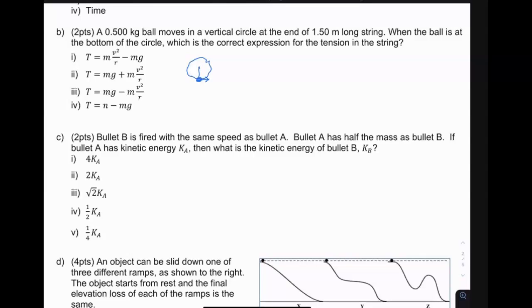And if we do a free body diagram, we have the tension acting up and the weight acting down. And the tension must be greater than the weight because it causes the velocity vector to change its direction.